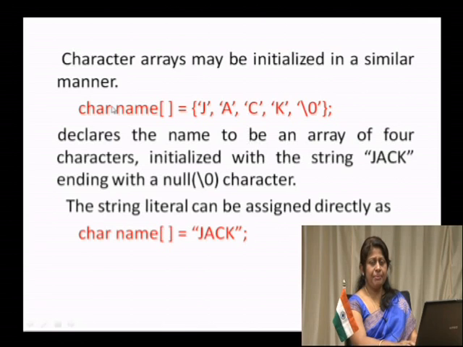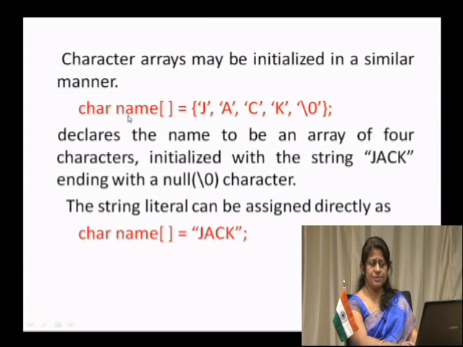Now coming to a character array. Character is again a standard data type, so I could have an array of characters in the same manner as I have an array of integers or an array of floating point numbers. How do we declare a character array?